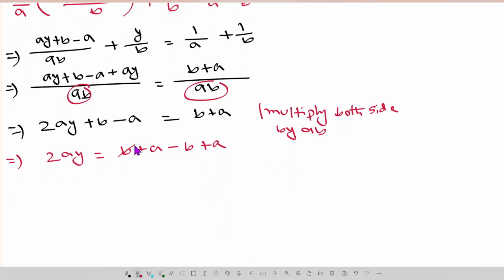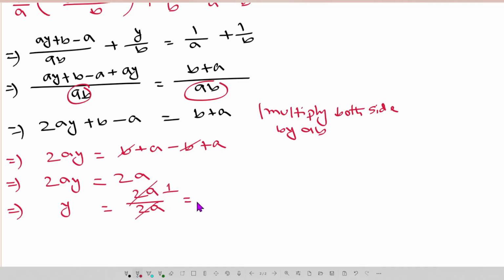So b and minus b cancel out, so 2ay equals a plus a, which is 2a. Now ay equals 2a divided by 2a, so this one and this one cancel out, and it becomes 1. So we get y equals 1. We already get this one.